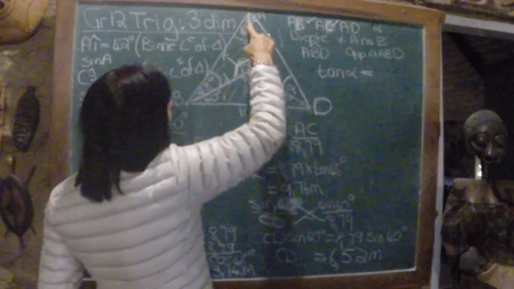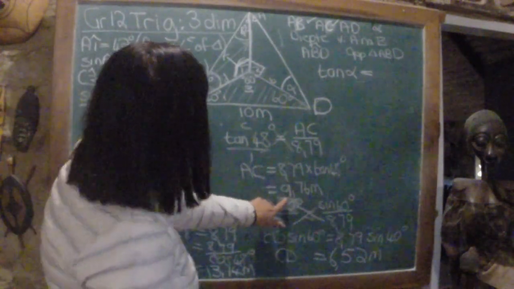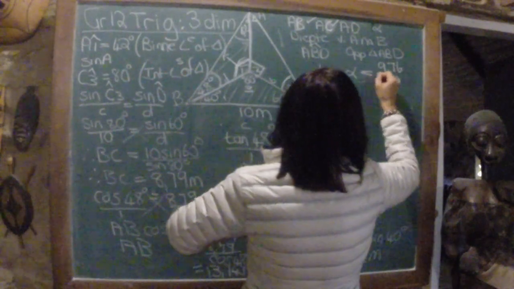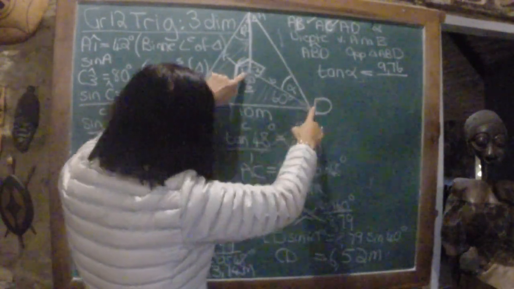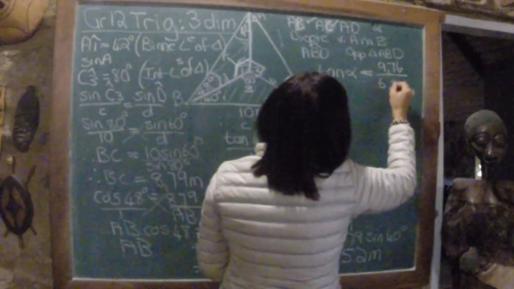is going to be the opposite, AC, let's look, AC 9,76 on, and now I've got CD 6,52.